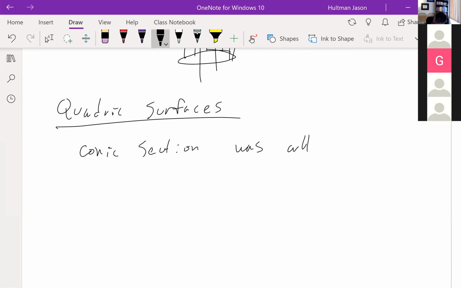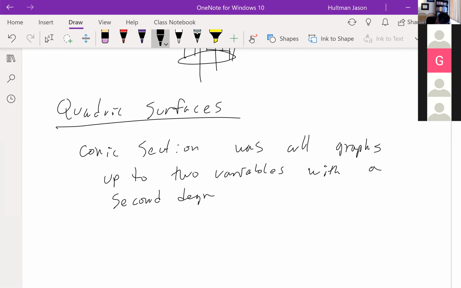A conic section was all graphs up to 2 variables with a second degree power. Does that make sense? Remember what the conic sections were, right?